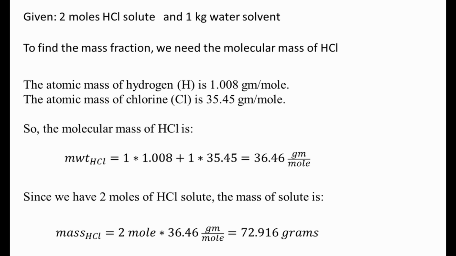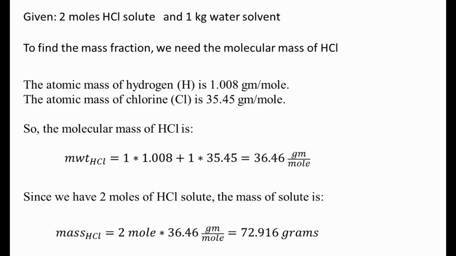We can calculate the mass fraction from the moles of solute and volume of water given in the original question. The mass of HCl solute is just the 2 moles given multiplied by the molecular mass of HCl. The atomic mass of hydrogen, H, is 1.008 grams per mole. The atomic mass of chlorine, Cl, is 35.45 grams per mole.